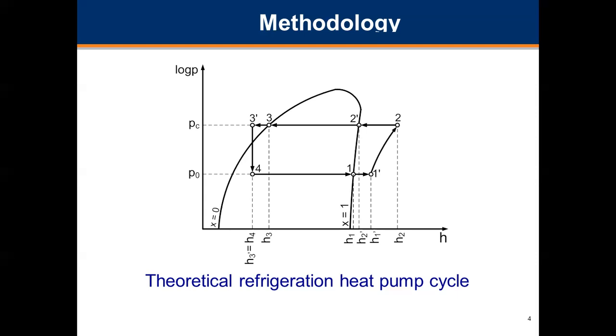From point 3 to point 3 prime, isobaric process of pre-cooling of the refrigerant liquid in the regenerative heat exchanger. From point 3 prime to point 4, isoenthalpy process of throttling of the refrigerant in the throttling valve. From point 4 to point 1, isobaric isothermal process of vaporization of the refrigerant in the evaporator.